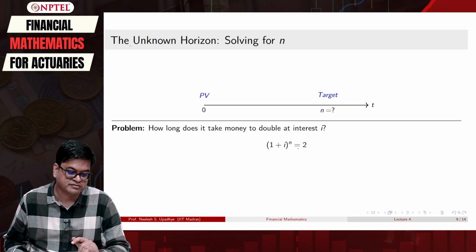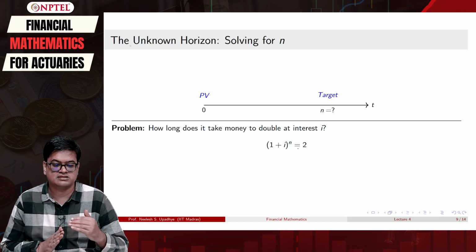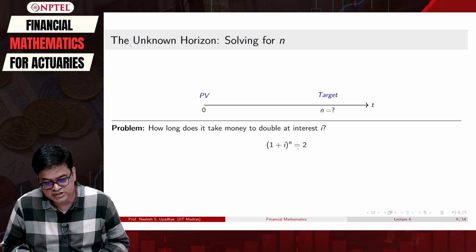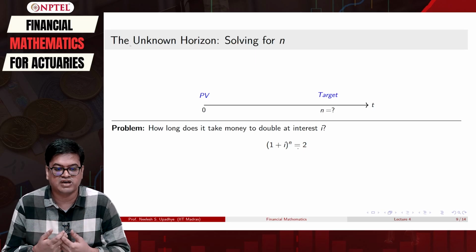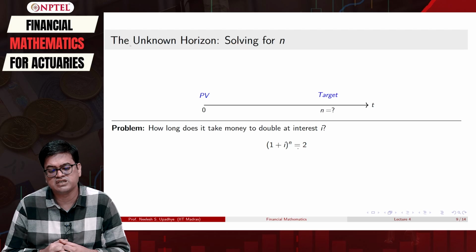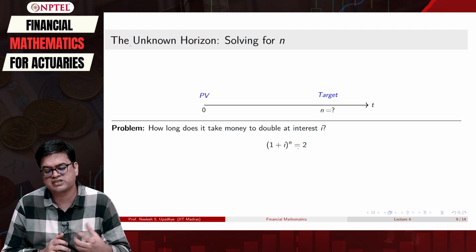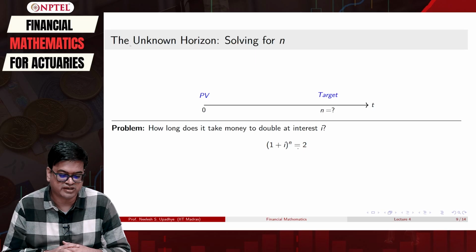Okay, so let us now handle a slightly difficult problem. I want to answer when the future value will double, or given this interest rate, how much time will I require to achieve my target?